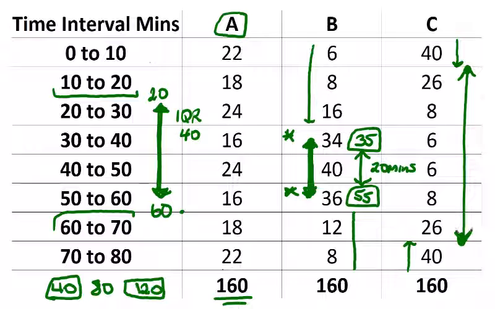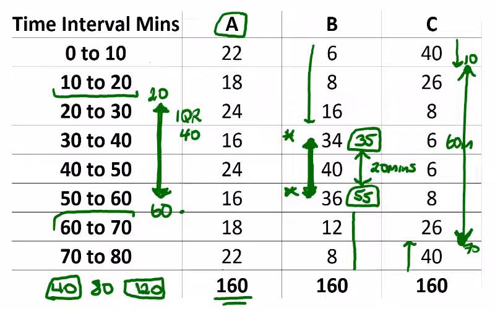Most of the people are at either end, and then our interquartile range will be the 10th and the 60th. Sorry, the 10th and the 70th, I think is the answer. So the interquartile range here is 60 minutes, much longer.